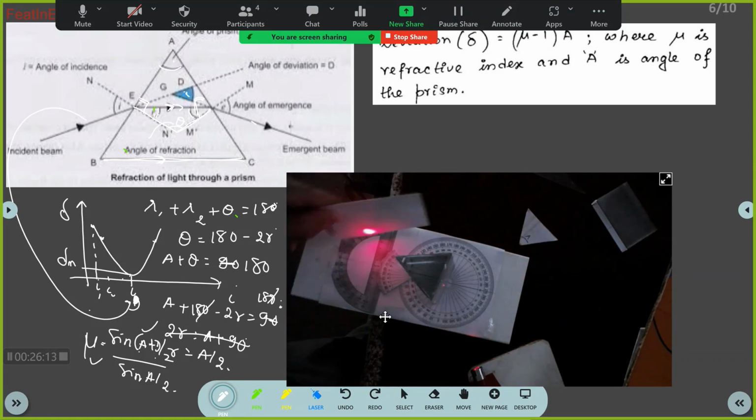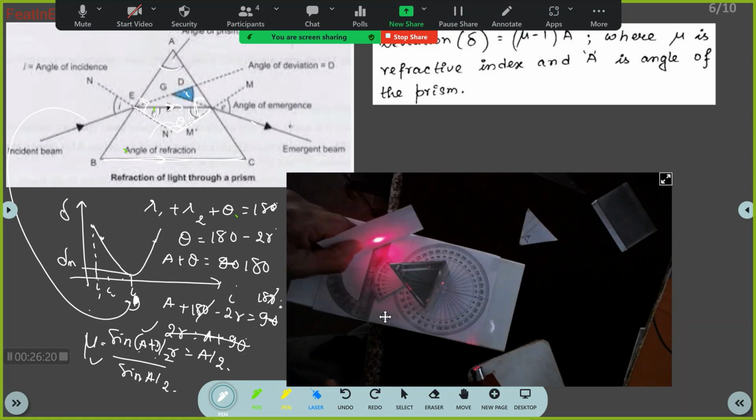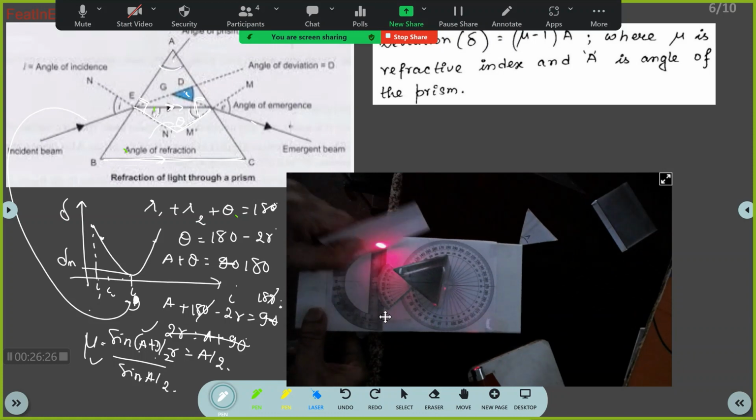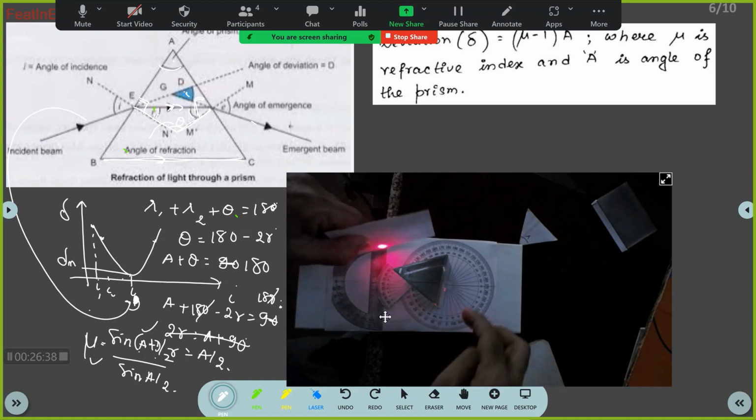And then you can see the emergent ray coming out here. It is coming out here. Now I am turning it. You can see the laser beam here, and this is how the ray is traveling from this point to this point.